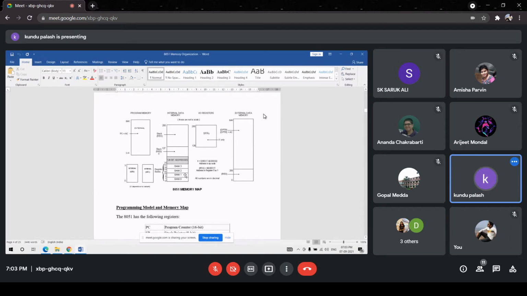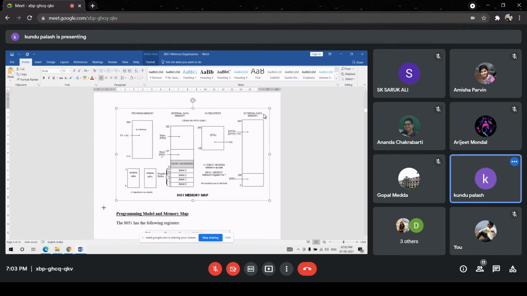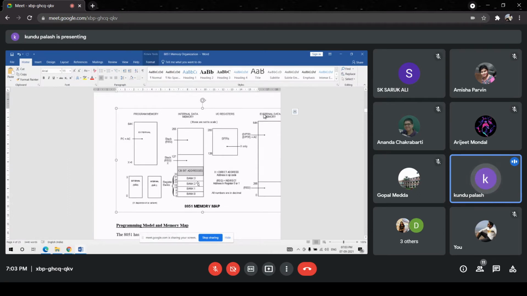Similarly, bank 1 contains the same 8 registers R0 to R7, whose addresses fall in the range 8 to 15. Similarly, for bank 2, 8 GP registers are available, whose address range is 16 to 23. And for bank 3, 8 registers are available, whose addresses in the data memory are from 24 to 31. So 32 bytes are reserved for storing the data.